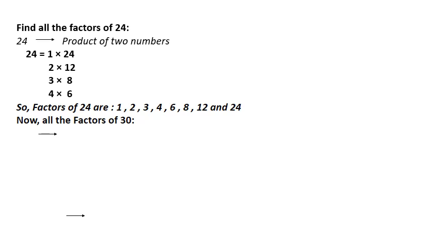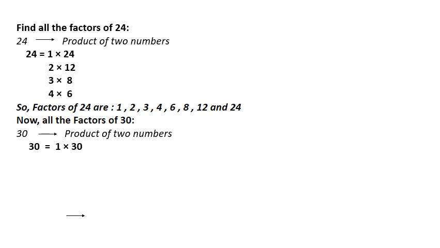We will also follow the sequence only and see how easily and quickly we can find all the factors of 30. So here also we will think of 30 as a product of two numbers, and the first combination for 30 is 1 and 30.